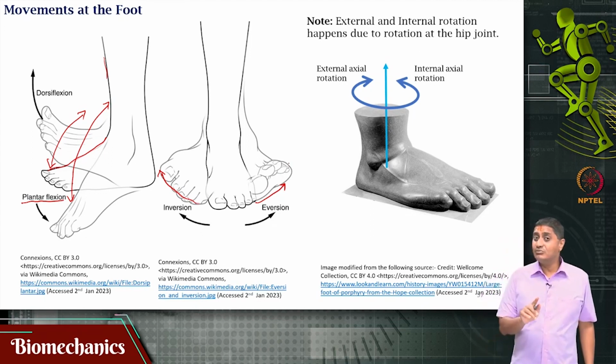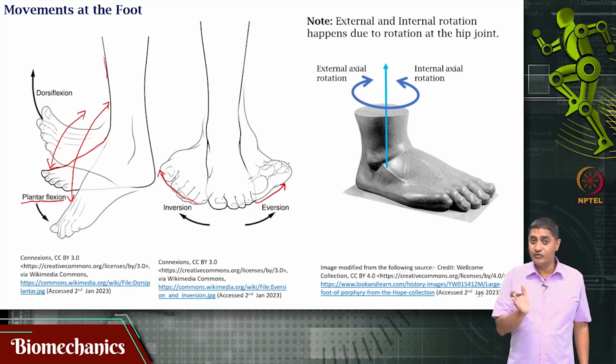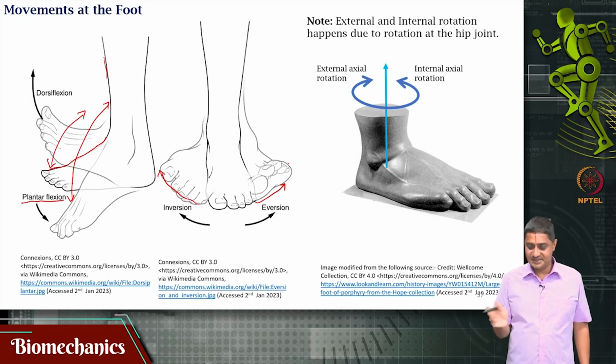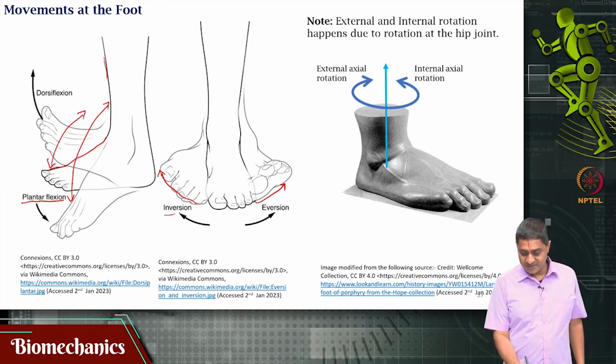This is not moving the whole foot. Okay, you can have slight bending of the foot towards the medial side or towards the lateral side, right. If that happens, it is called inversion and eversion.